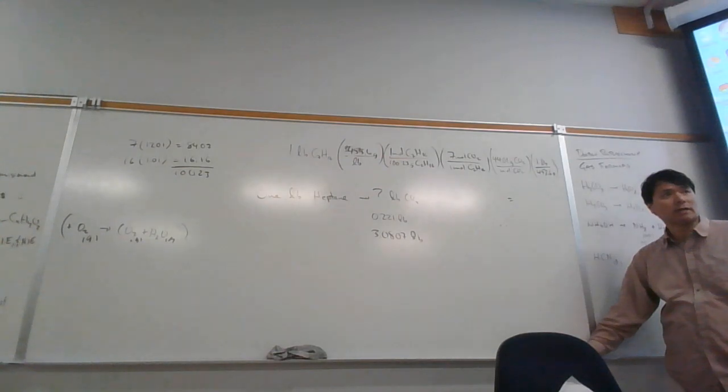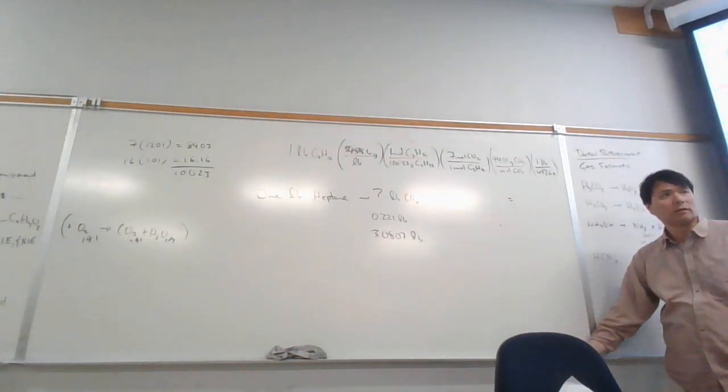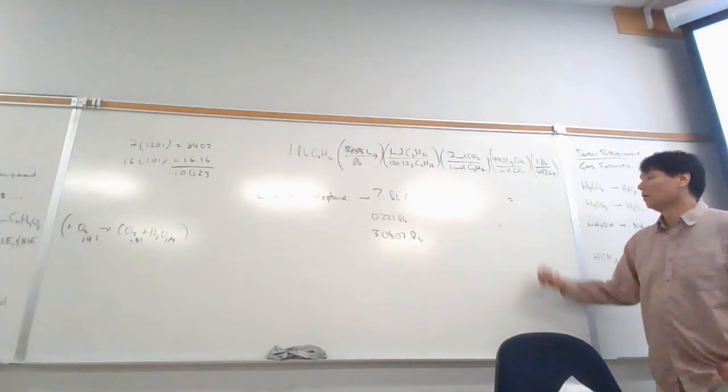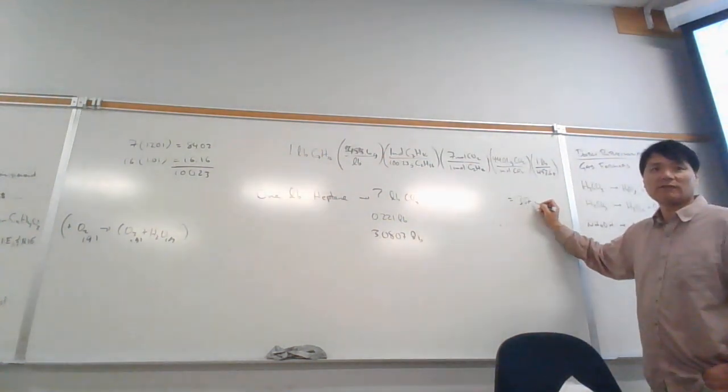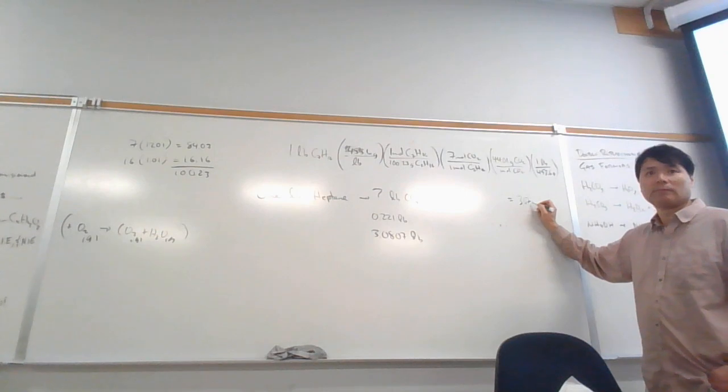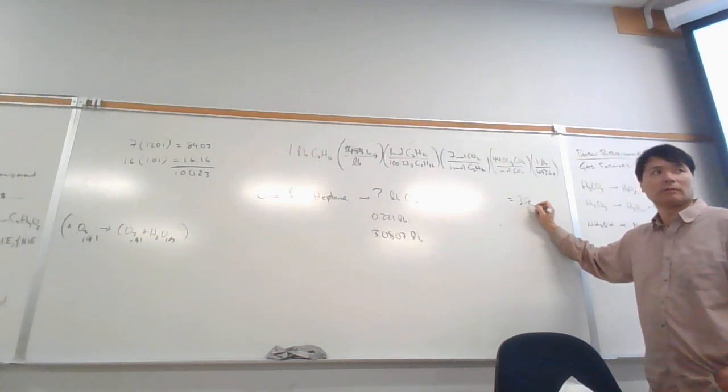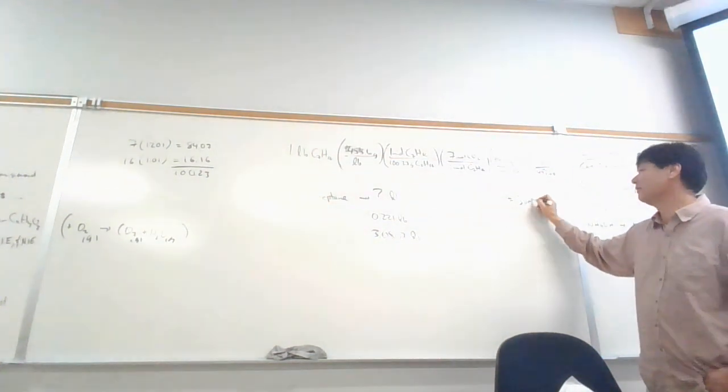And what did you guys get? 3.07? Where's your conversion function? 3.081? 3.075?